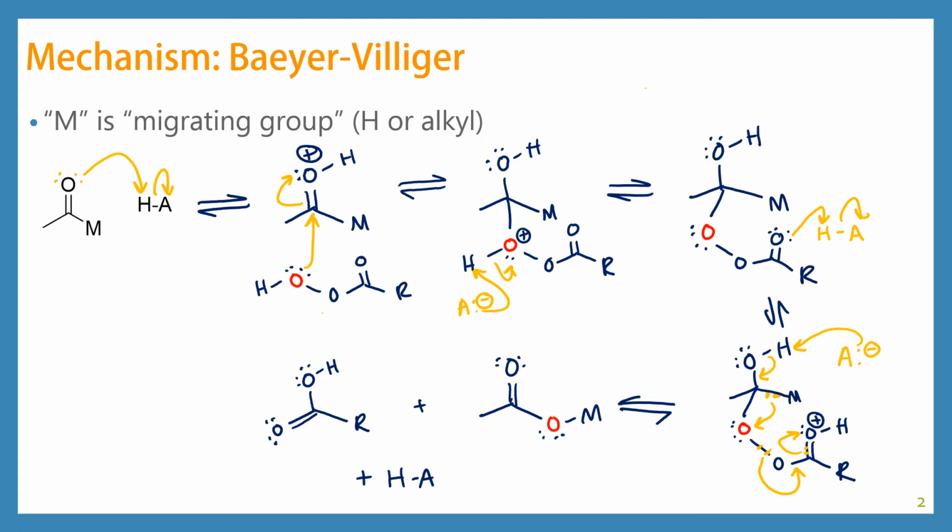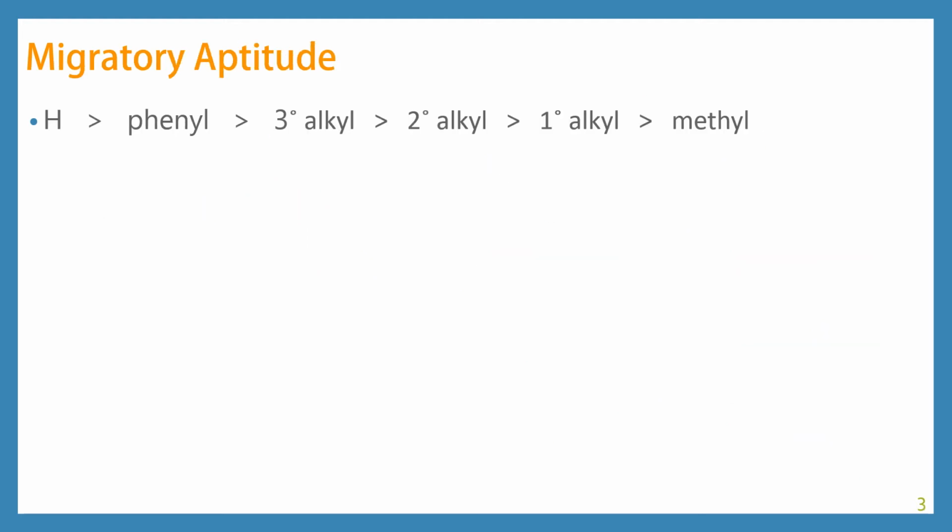So instead what we do is we migrate the migrating group onto the oxygen, which gets rid of one bond here. And then the bond between the two oxygens is a weak bond. This is a peroxy bond. Having a bond between these two electronegative atoms is not going to be preferred. So that bond is going to break to form a pi bond between an oxygen and a carbon, which is a much more preferred bond.